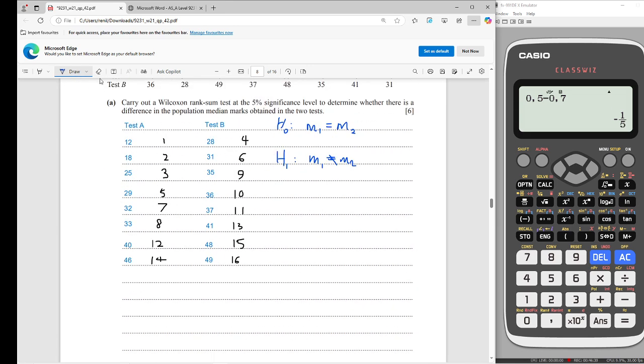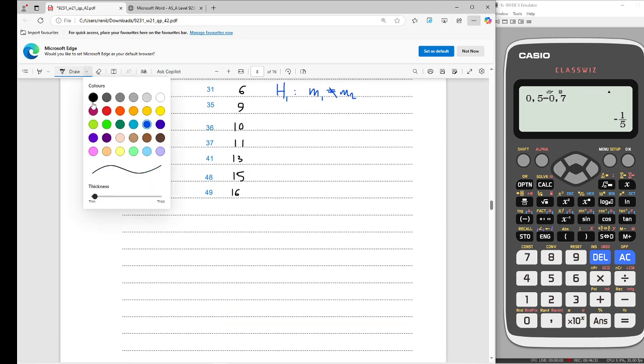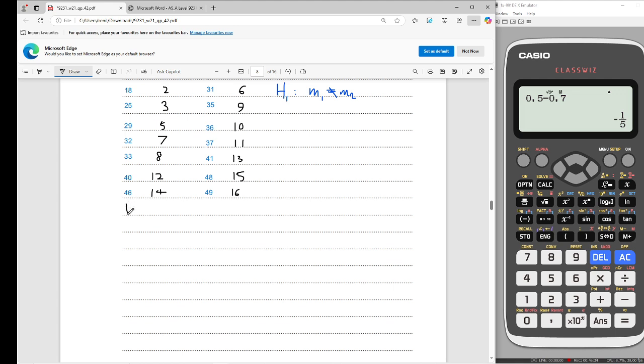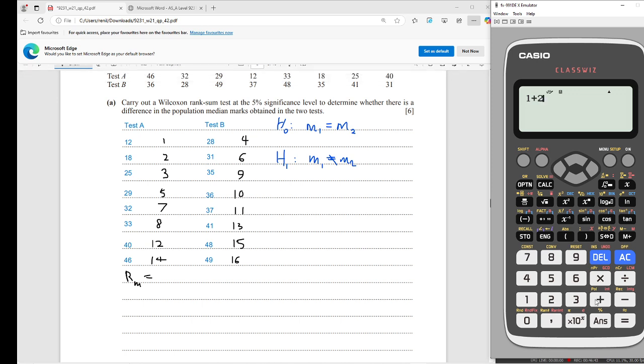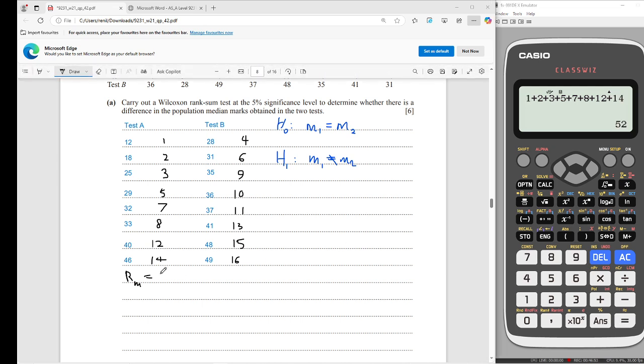So our test statistic right here, I'm gonna call this Rm. Rm is equal to the sum of all this. Okay, so 1 plus 2 plus 3 plus 5 plus 7 plus 8, 12, 14 is equal to 52.